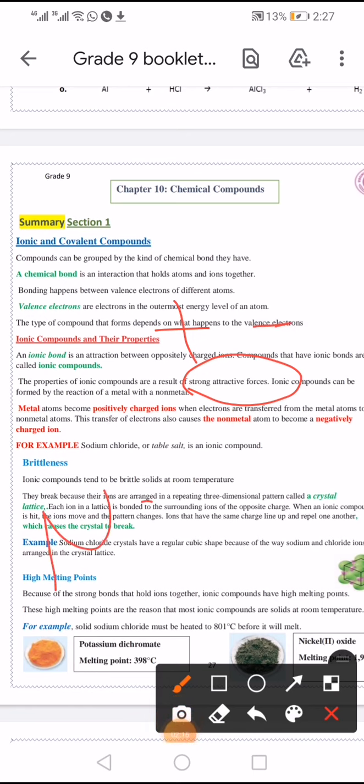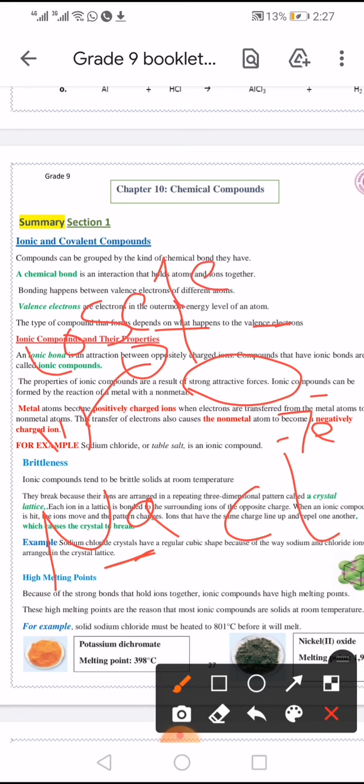For example, sodium chloride. Sodium loses one electron. Sodium has one electron in the outermost energy level, while chlorine has 7 electrons in the outermost energy level. So it's easy for sodium to lose one electron and become positively charged, while chlorine needs one electron to be 8, to be stable.